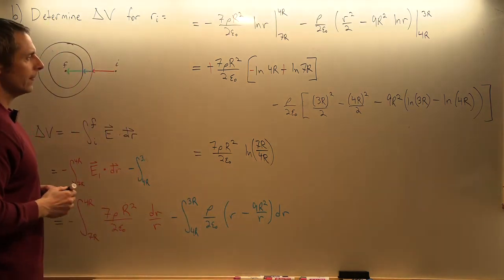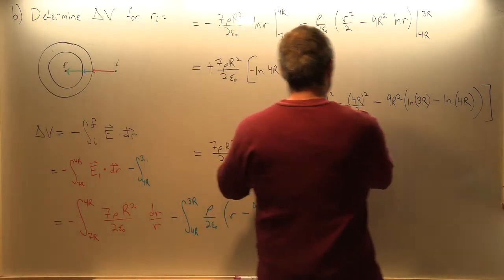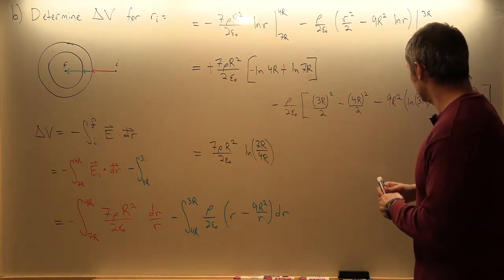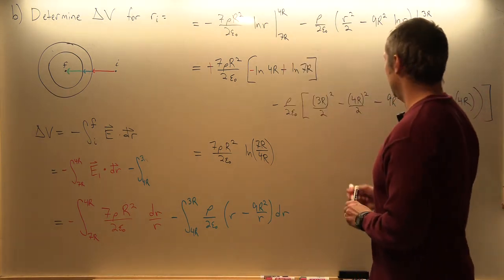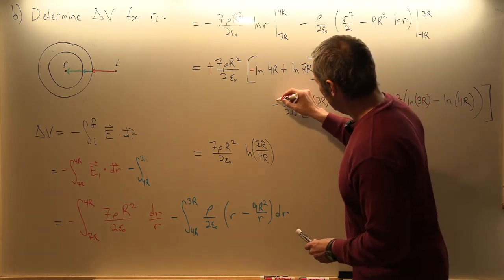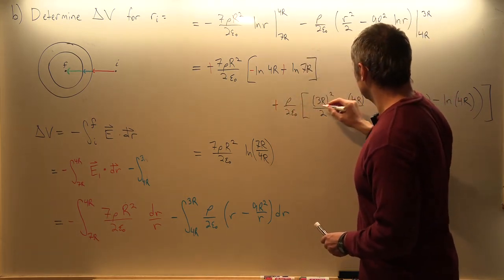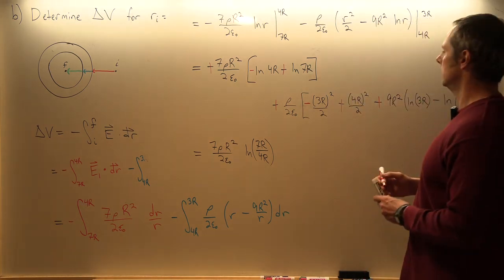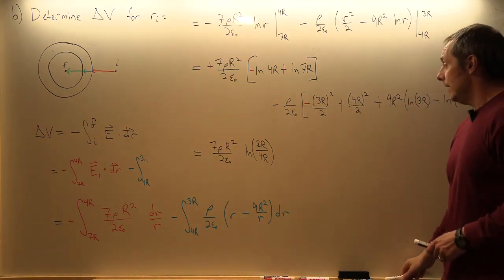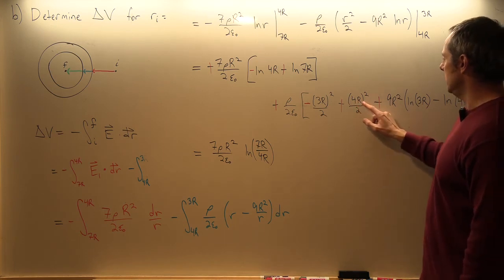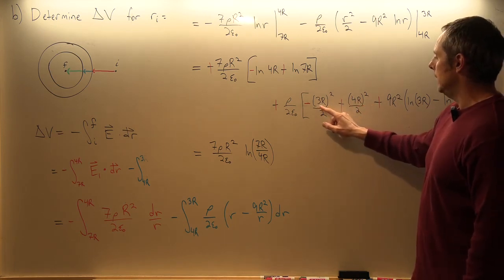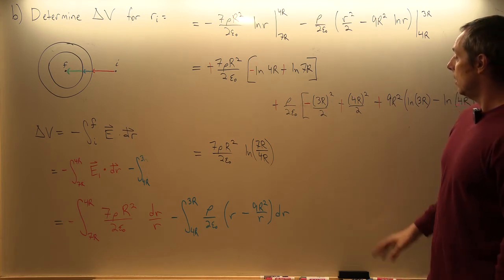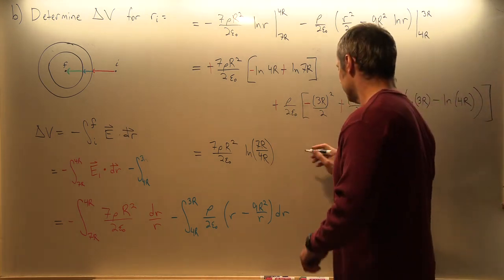Okay. And then this term. I could also distribute the minus sign to everything here, so I'll make this a plus, minus, plus, plus. Okay, so now what I have here is 16r squared minus 9r squared, which gives us 7r squared over 2.